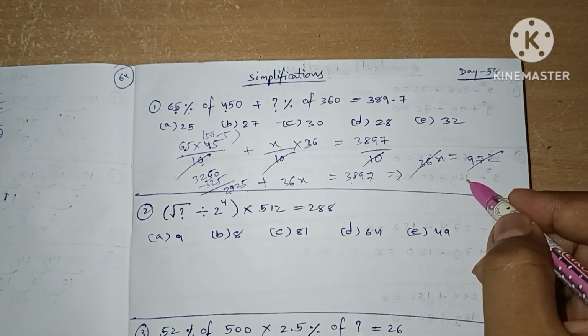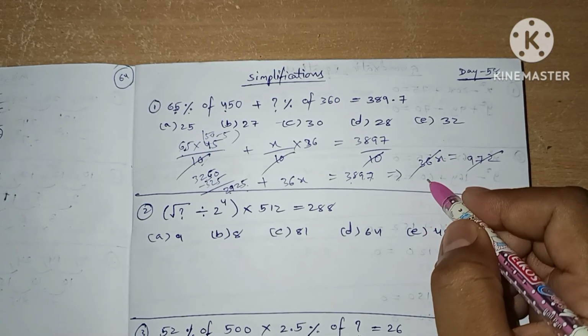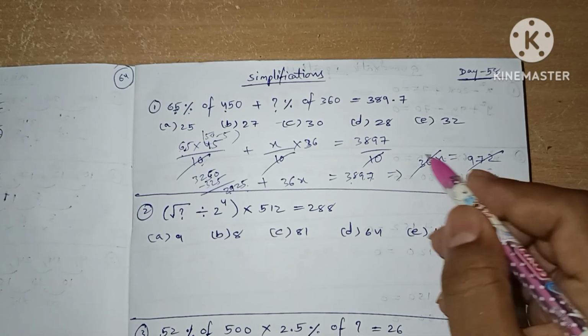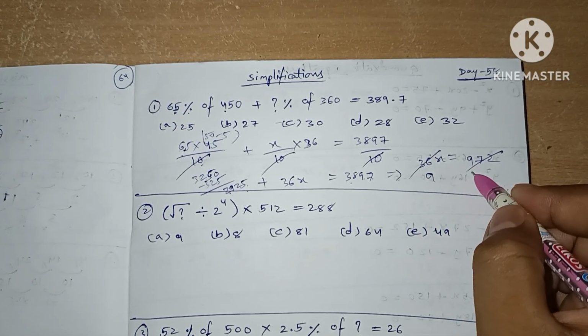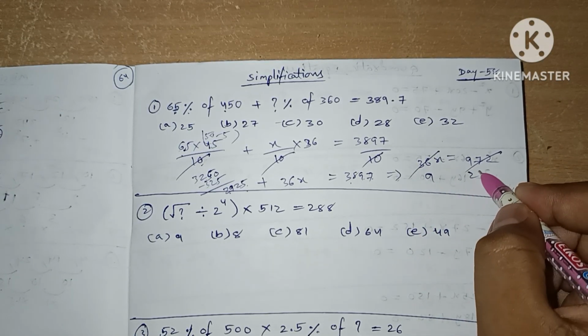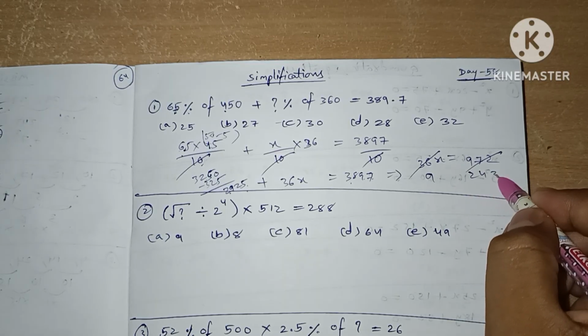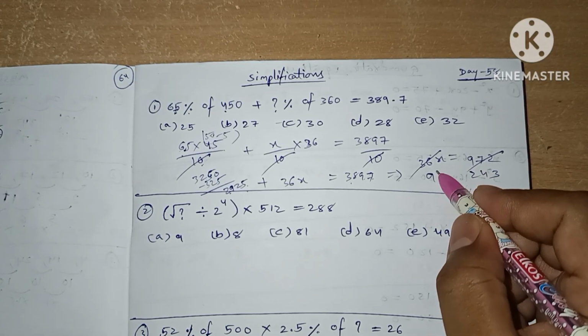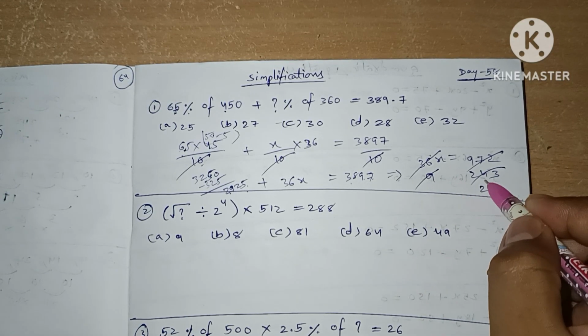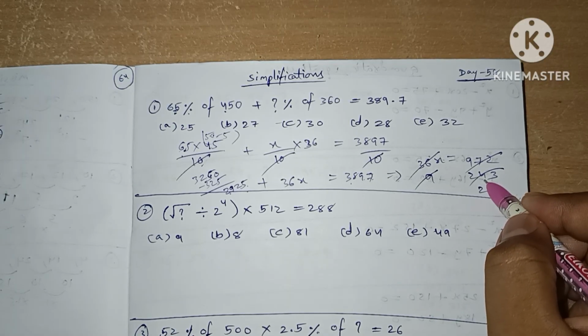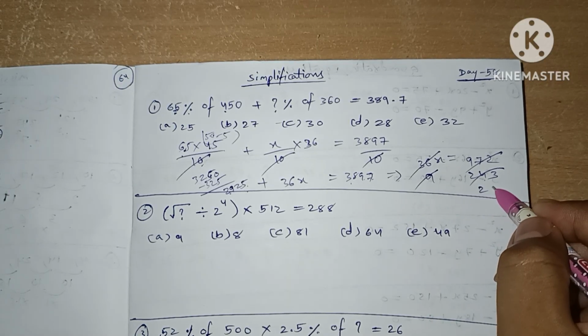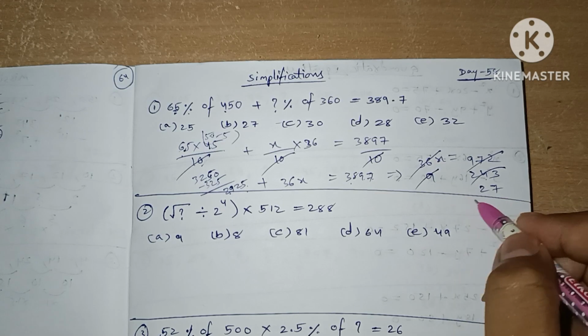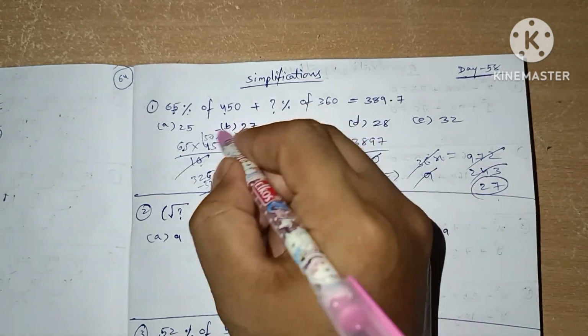Divided by 36, let's make this with the 4 table: 9 times 4, 2 times 4, 4 times 4, and 3 times. So we have 9 twos 18, 18 means we have 63, 7 times. So the answer for this one is 27. Option B is our answer.